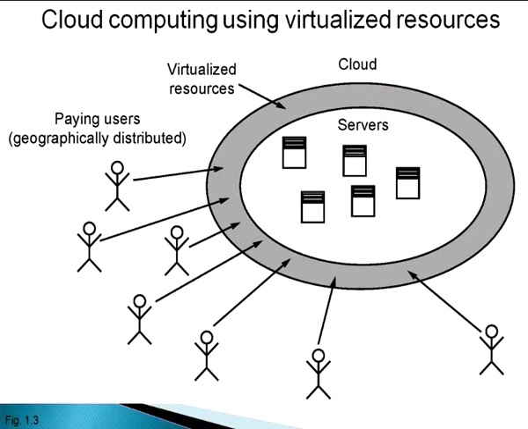One more, how cloud computing uses virtualized resources. You can see here the different cloud servers which have been put, the virtualized resources, and as we discussed earlier, paying users are geographically distributed. We have given an example earlier also. If you are a citizen of Delhi in India, you can use the site of the Indian government for any purpose.